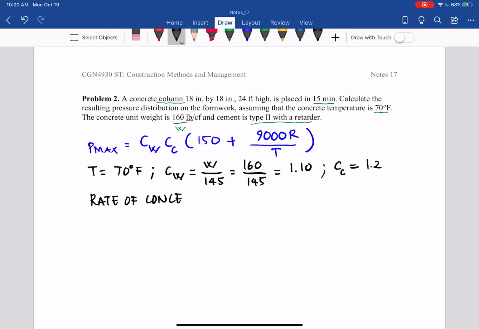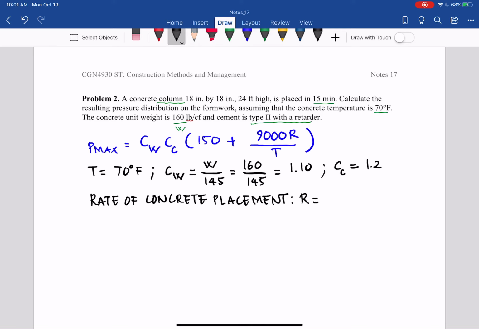For those of you missing what the rate of concrete placement is, you can go back to the previous lesson where we determined that.